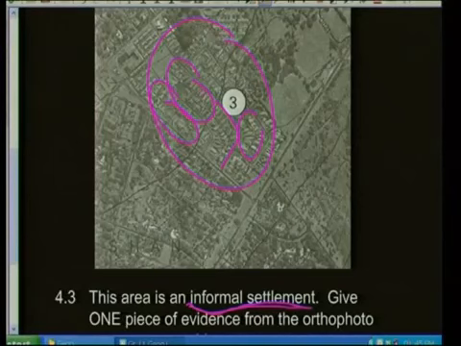Some of them are hanging out here and here, there's no definite pattern. So the high density, the tiny little houses, and some of them have irregular shapes, also lack of recreational facilities, a lack of vegetation to a certain extent. All these sort of answers will come up to tell you that this is actually an informal settlement. But obviously questions like this will give you a little clue if you haven't done the section itself.